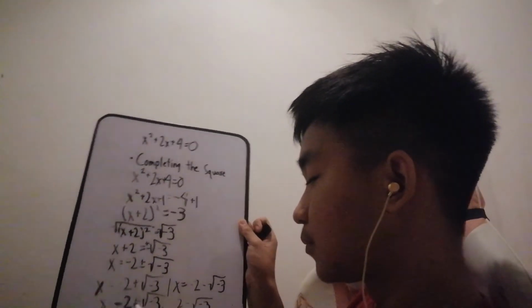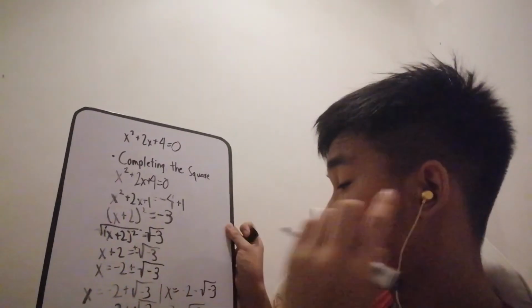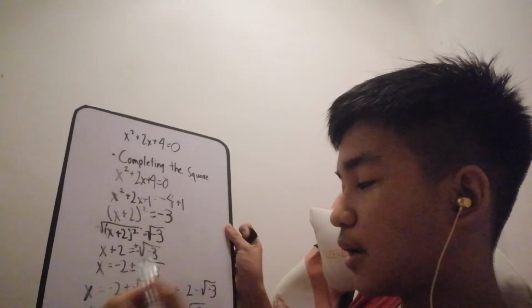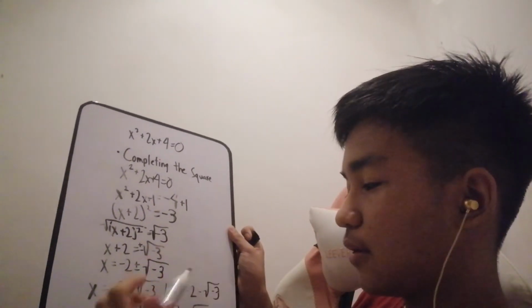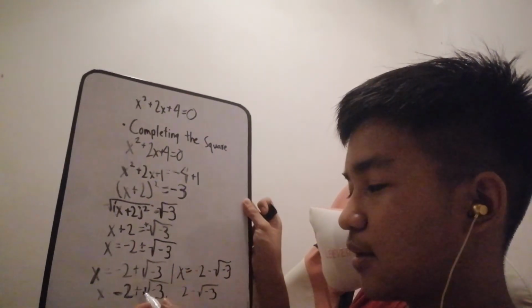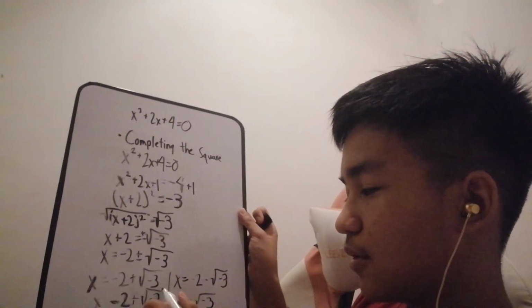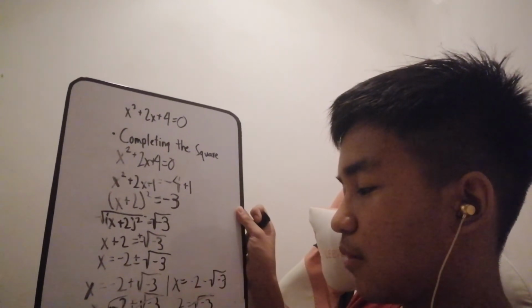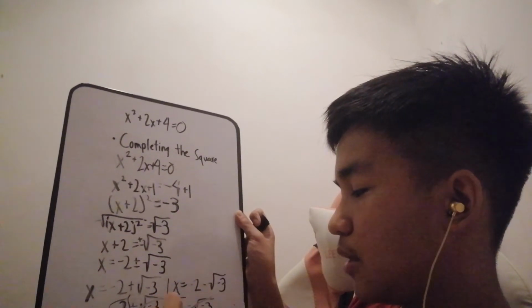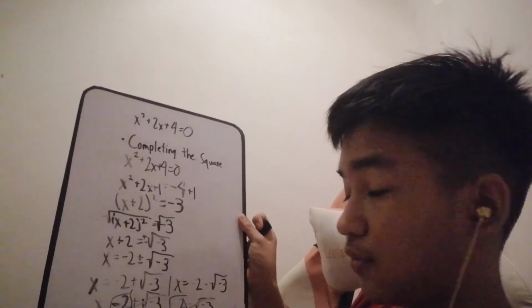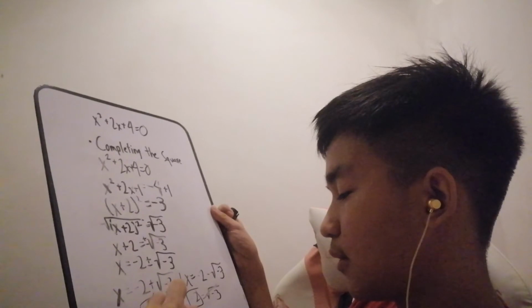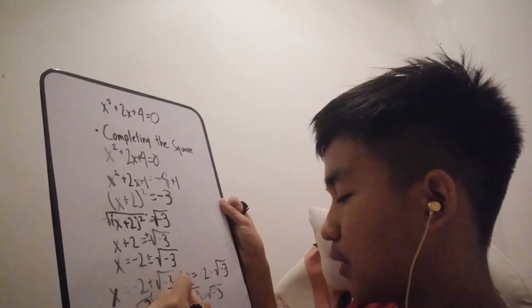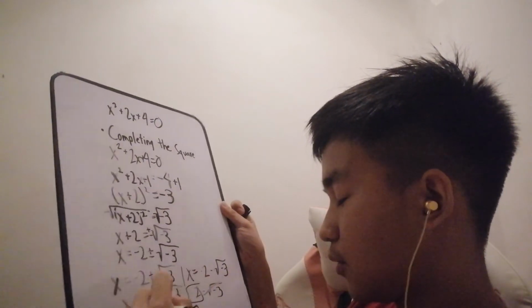So now they are in one single answer. Since this is a positive square root and this is a negative square root, we can cancel this. So the remaining term is negative 2. So x is equal to negative 2.